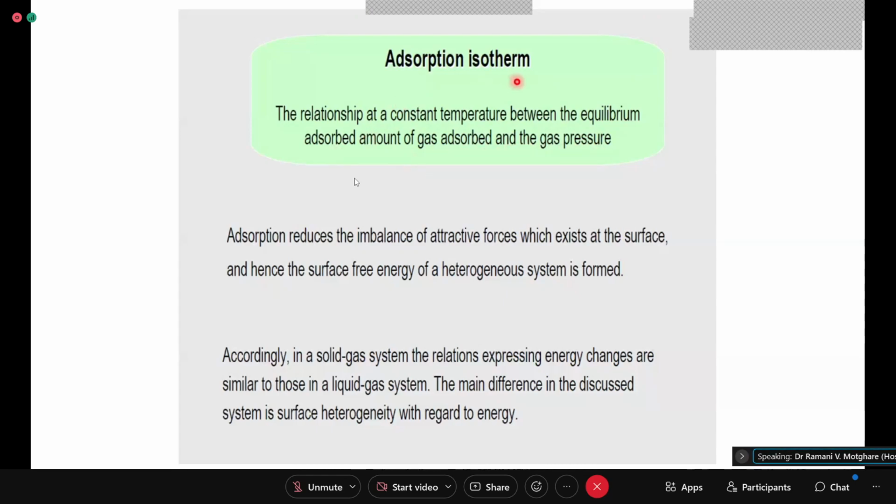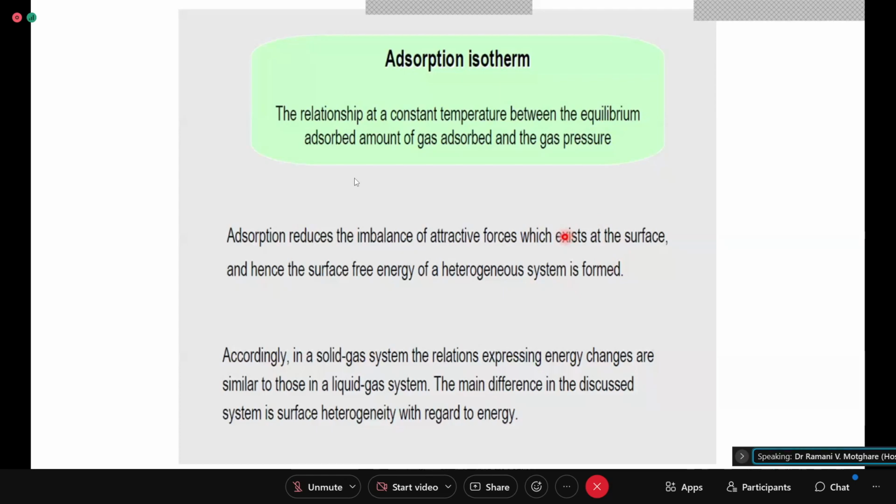When plotting, it is always the equilibrium concentration or equilibrium pressure, meaning the pressure or bulk concentration after adsorption on the surface of the adsorbent.